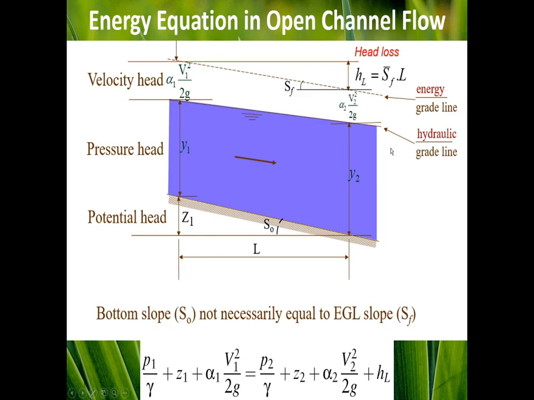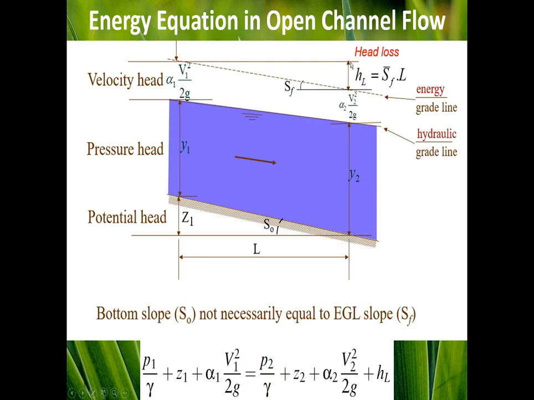Upstream depth is y1, downstream depth is y2, and you see that if we want to sum up the elements of total energy, we can add z1 to y1 to velocity head alpha 1 v1 square over 2g at section 1, and similarly at section 2 we should add z2 to y2 and also velocity head.